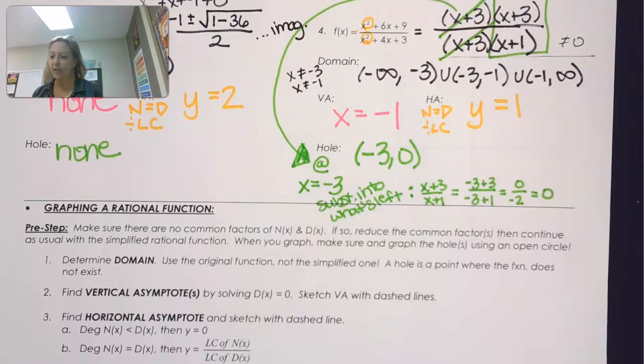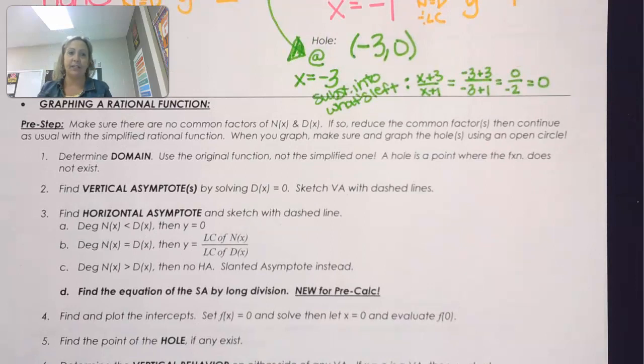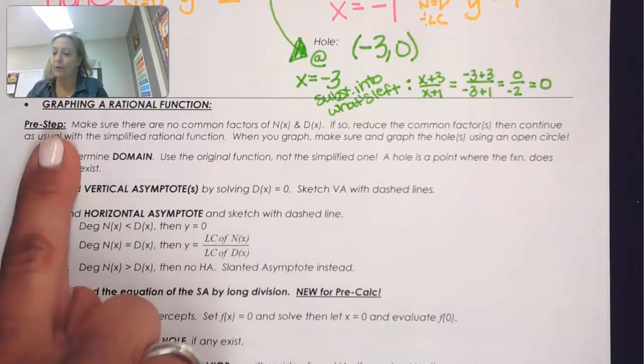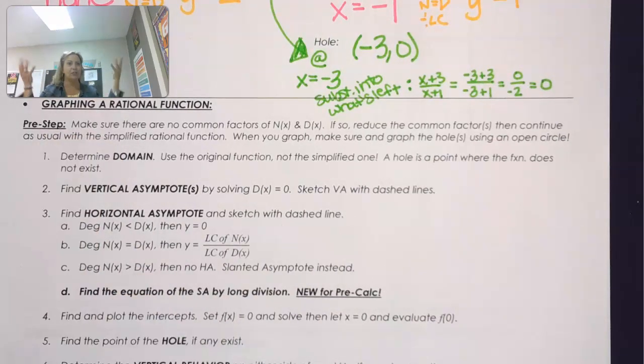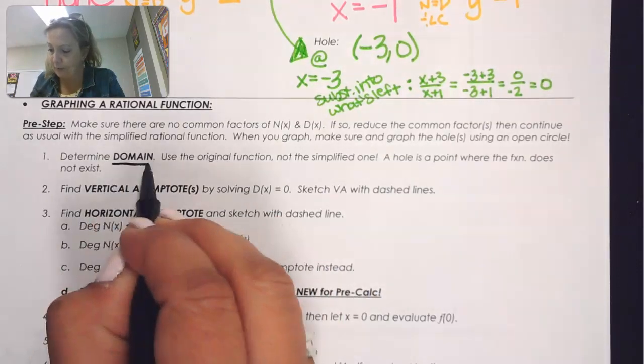Okay. So let's look at graphing a rational function. First, again, so we don't get too many vertical asymptotes, we're going to make sure there are no common factors of our numerator and denominator. If so, we'll reduce the common factors and then continue as usual with the simplified rational function, making sure we use that hole, okay? So we're going to determine the domain.